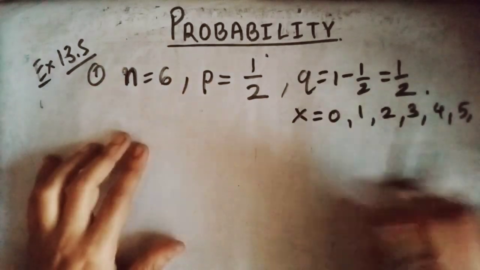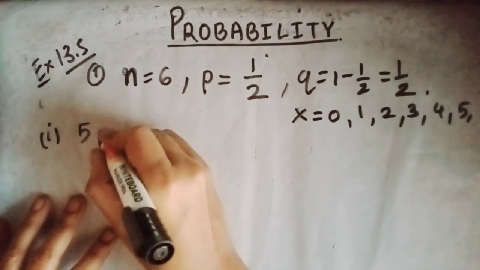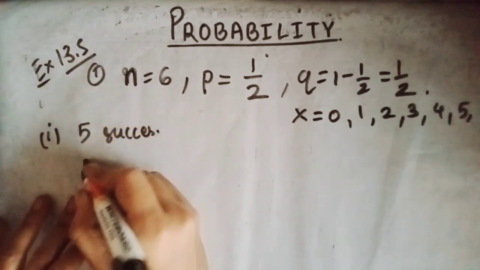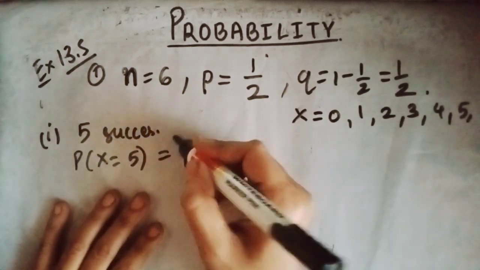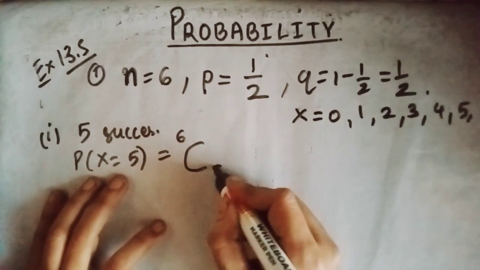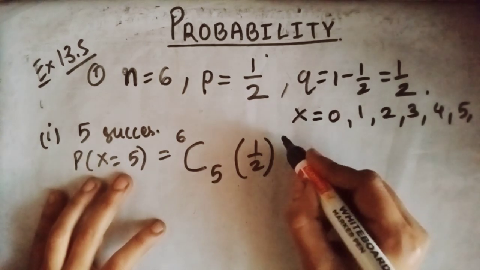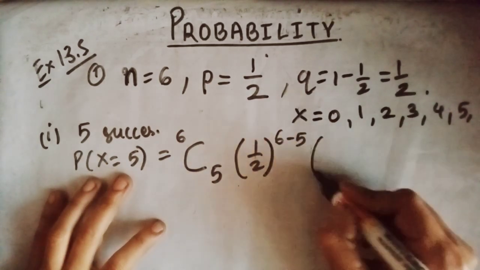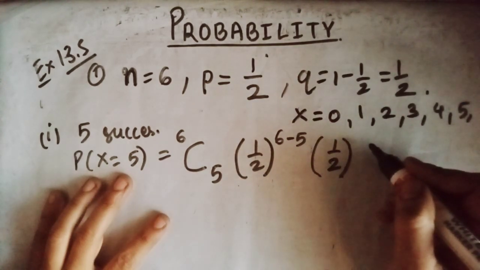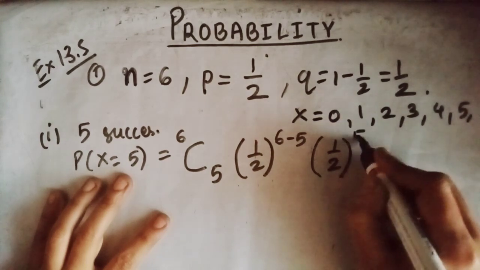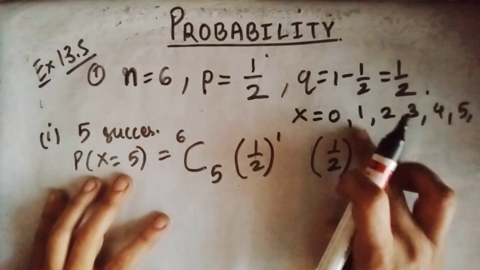First, they have given 5 successes, so P of x, where x will be 5, right? Use that formula nCx (1/2) raised to 6 minus 5, (1/2) raised to x, that is 5. 6 minus 5 is 1.